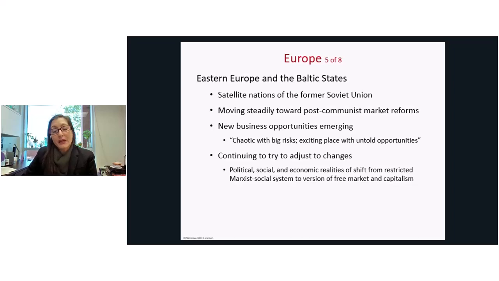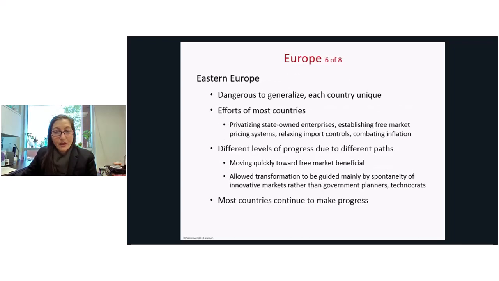So the Eastern European and the Baltic states are continuing to try to adjust to these changes. And in terms of marketing, we need to look at, of course, political, social, and economic realities of the shift from a restricted social system to some version of the free market and capitalism. In Eastern Europe, it's dangerous to generalize because we have many distinct countries within.